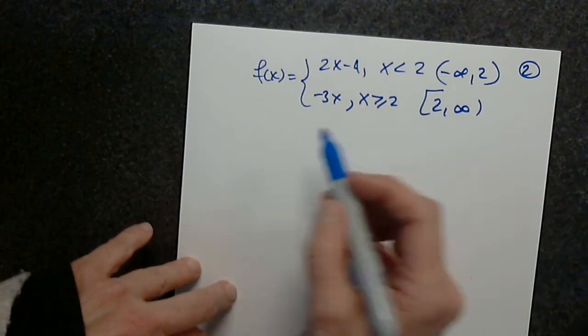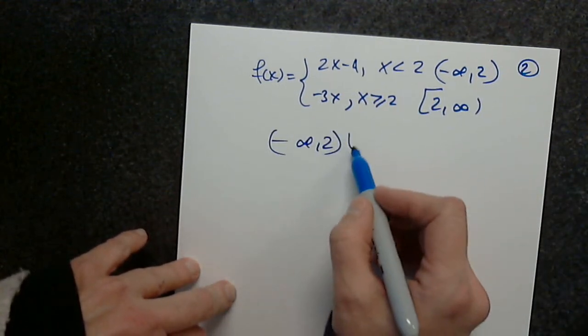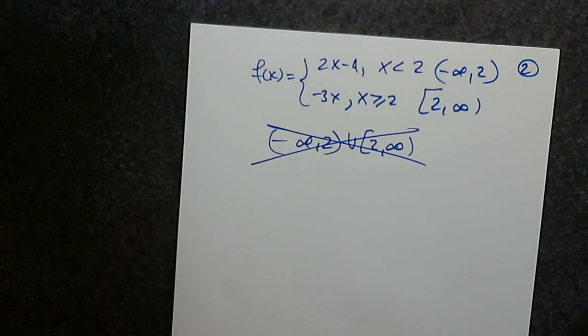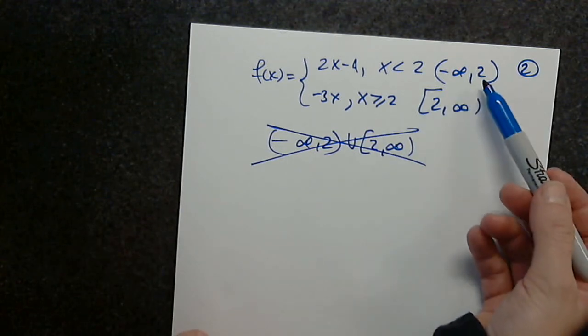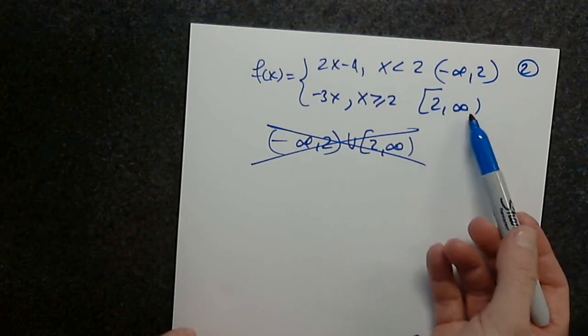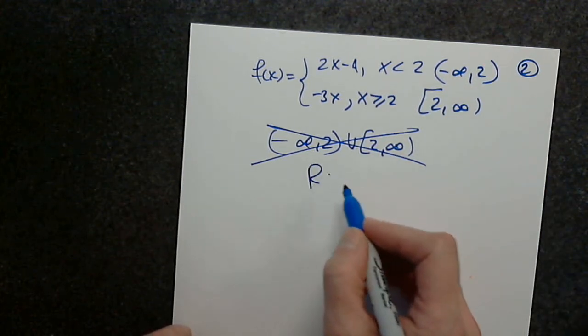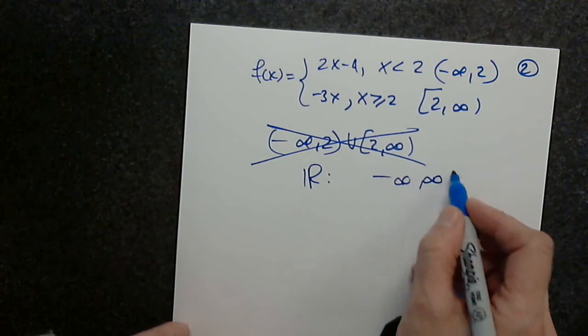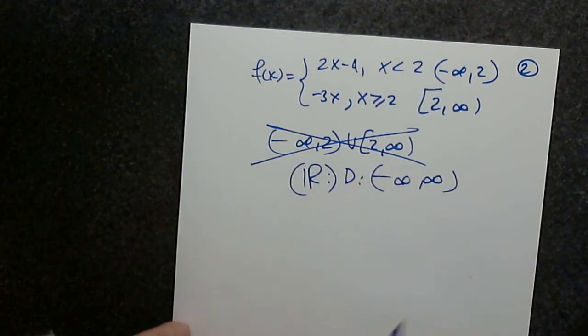Remember, you cannot write negative infinity to 2 union 2 to infinity. Many of you did that. It's everything. If I have everything to the left of 2, I have 2, and I have everything to the right of 2, obviously, it's all real numbers. This is the way we write it, like this, domain. You don't have to write it like that.